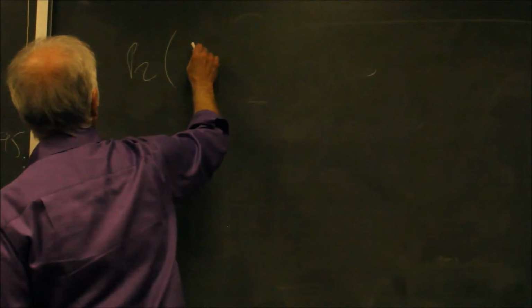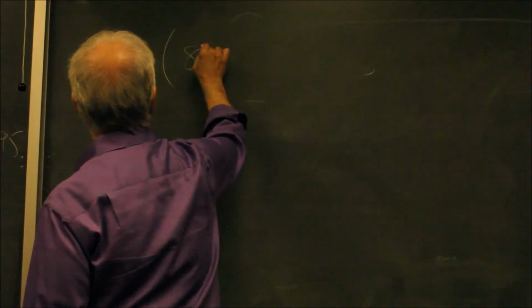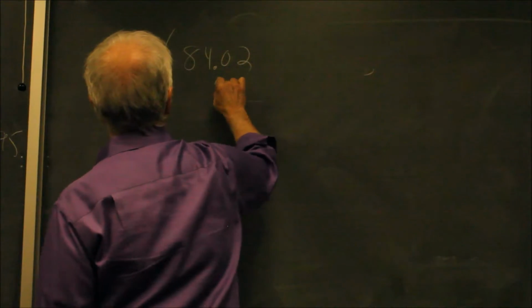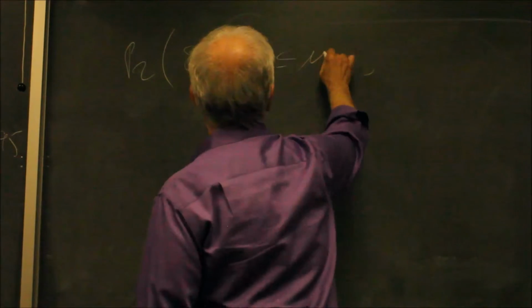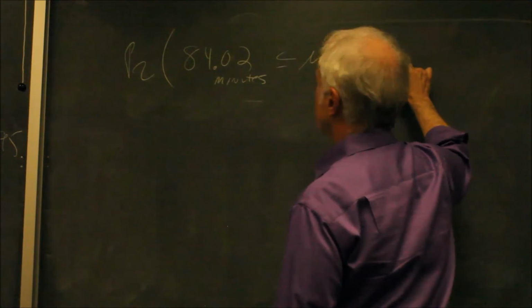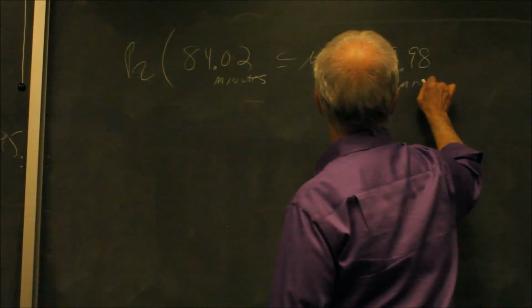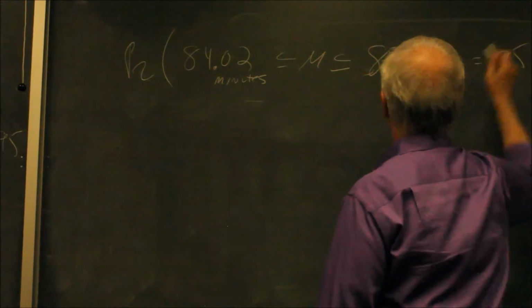And so we have this as our estimate. Probability, what's 87 minus 2.98? So it's 84.02 minutes less than or equal to mu, less than or equal to 89.98 minutes is equal to 0.95.